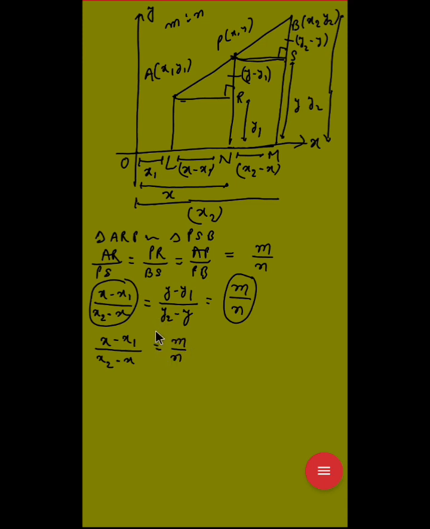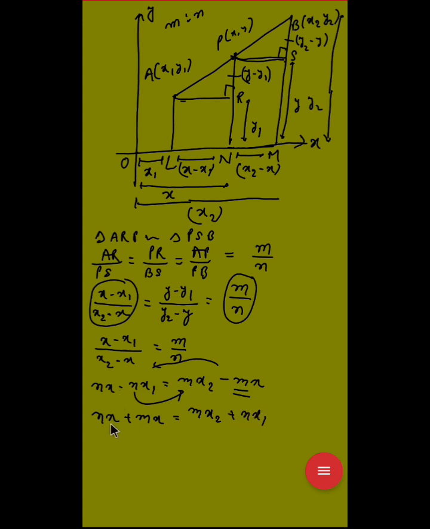Doing the cross multiplication, we have nx minus nx1 is equal to mx2 minus mx. Taking minus mx to the other side and minus nx1 to the other side, this becomes nx plus mx is equal to mx2 plus nx1.